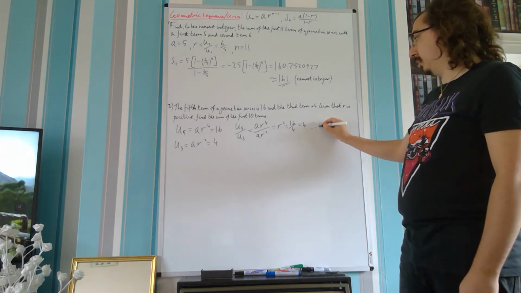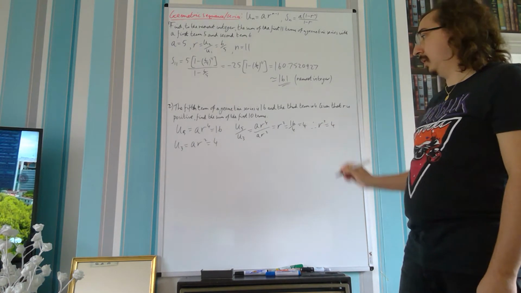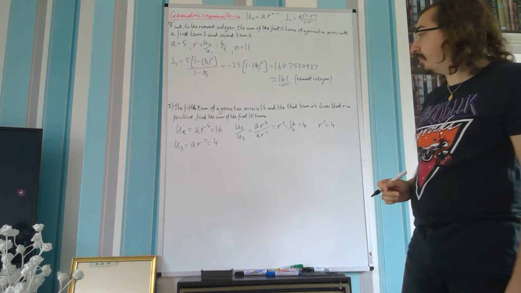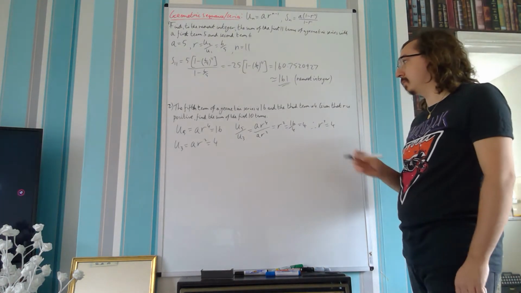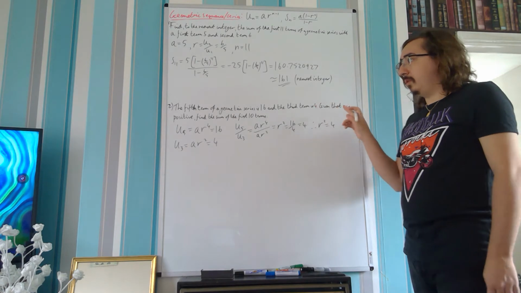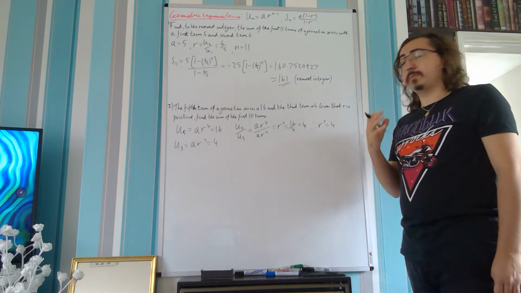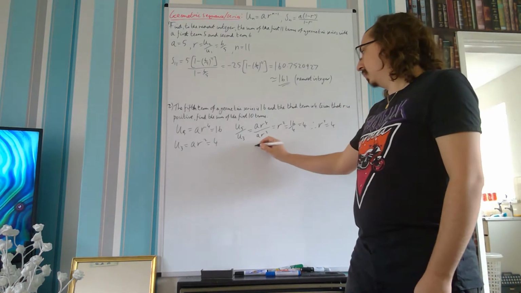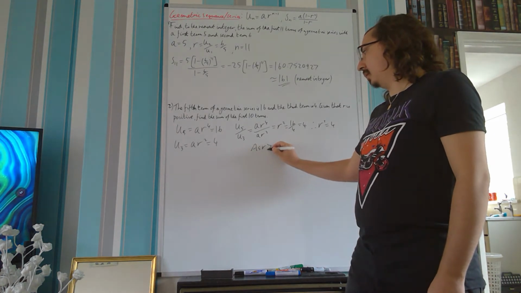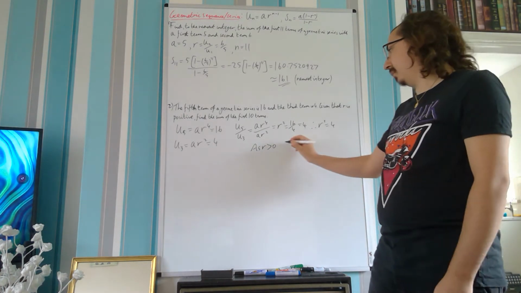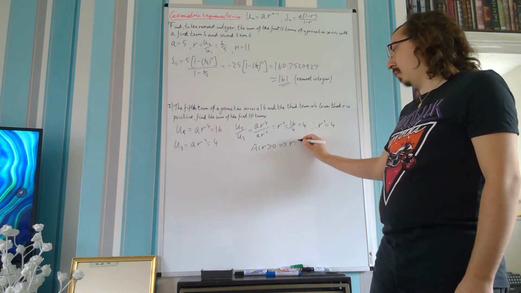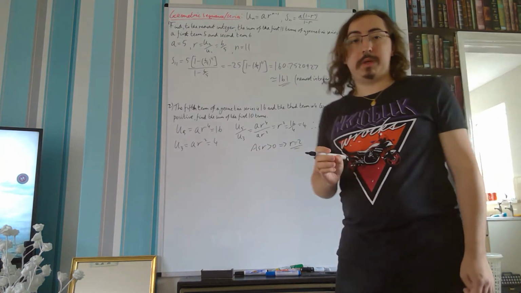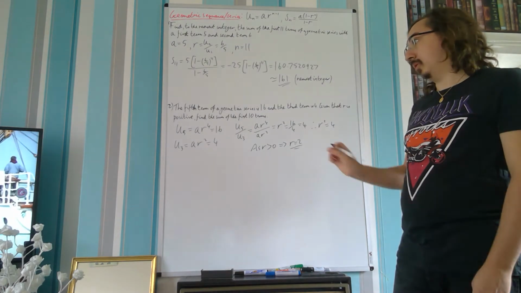So r squared is equal to 4, just off the definitions of the third and fifth terms. Further into the sentence, we're told that r is positive. So as r is positive, it's greater than 0. This implies if r squared is equal to 4, r must be equal to plus 2, or 2.